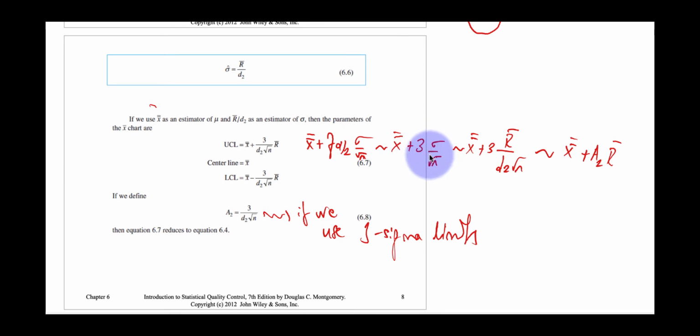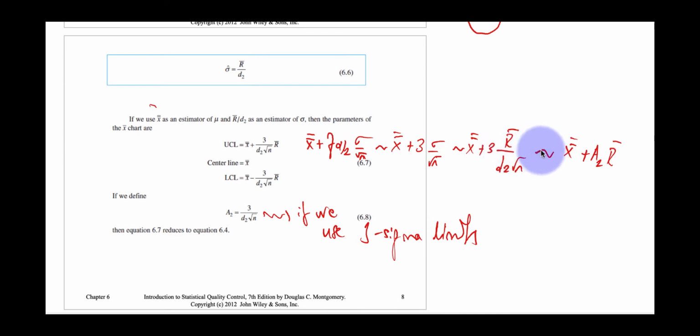We have sigma over square root of n again. But we are estimating sigma, the standard deviation, by this formulation, average of range over D2, and it is written here.